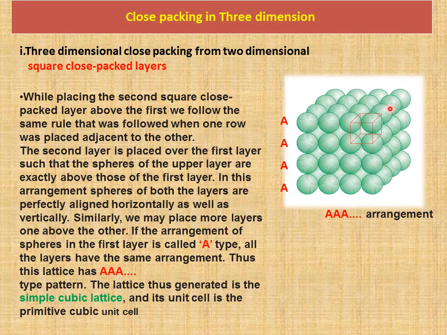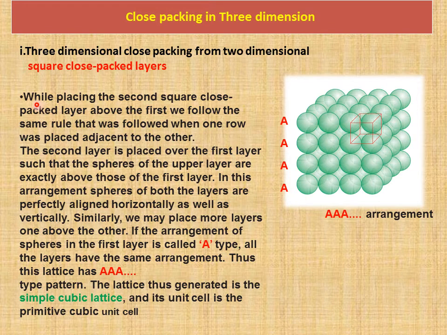This is a three-dimensional diagram. So far we are able to obtain only the first layer, which is obtained by arranging each row as A. Now we should imagine the second, third and fourth layers one above the other. Again, the arrangement can be called AAA type.